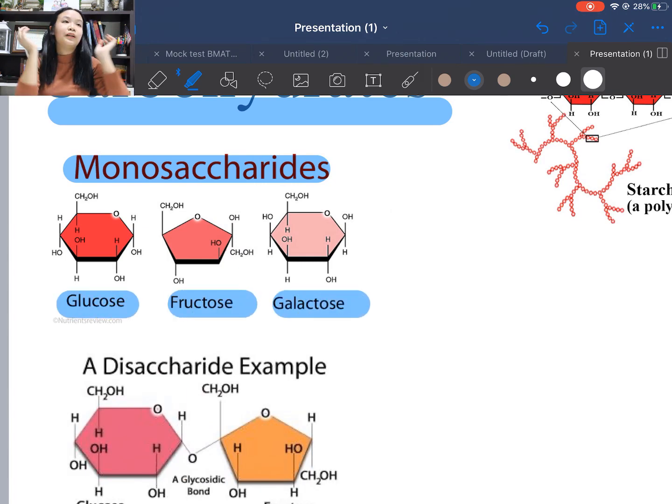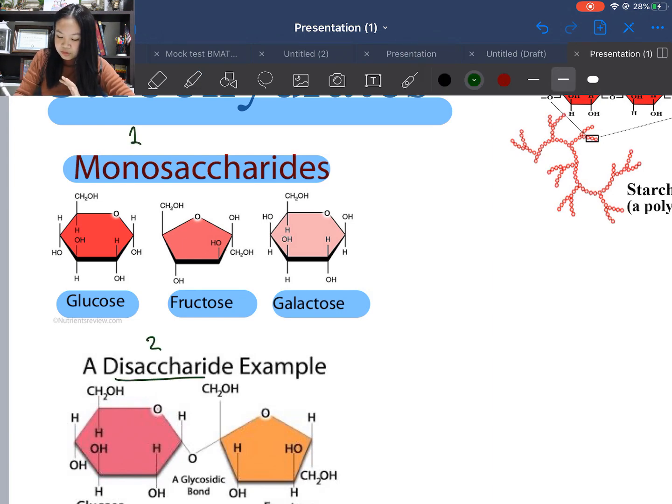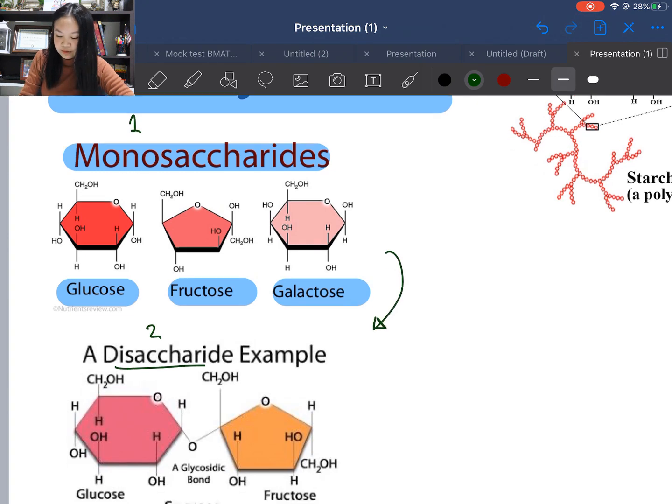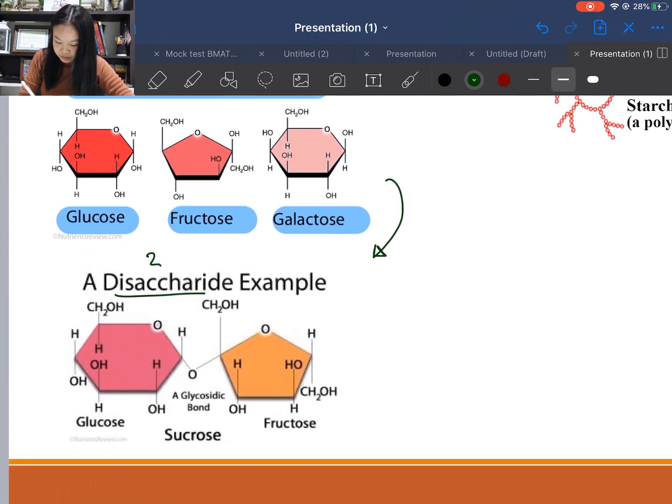It actually forms a lot more, like deoxyribose we find in DNA, or ribose we find in RNA, and that's it. So these things connect together, as mono means one and di means two. So mono connected together gives disaccharide, which includes maltose, sucrose, and lactose.